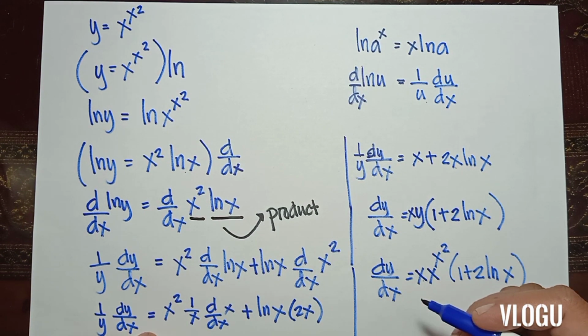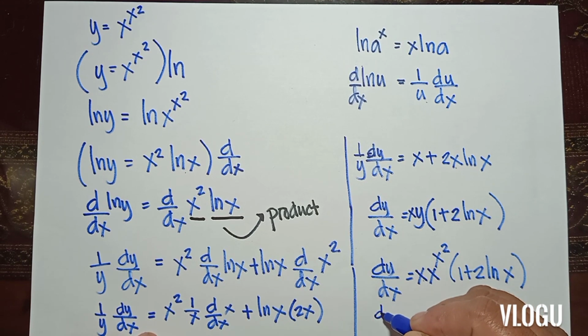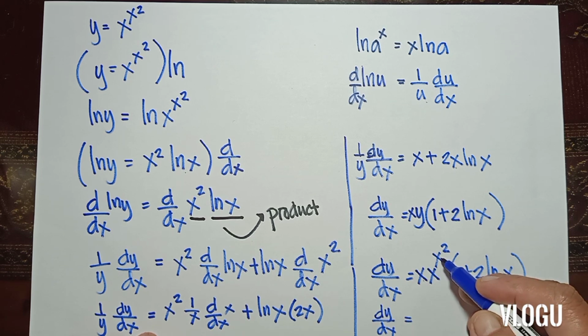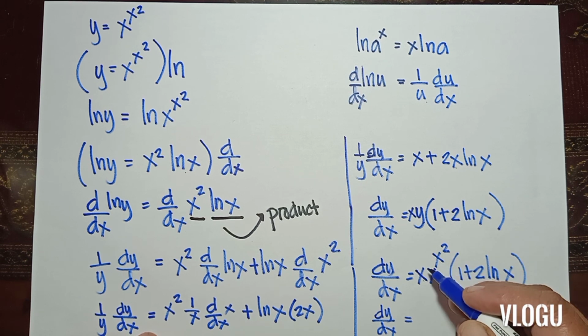So therefore, our final answer, dy over dx, is equal to, we have the same base, different exponent. Your exponent here is 1.